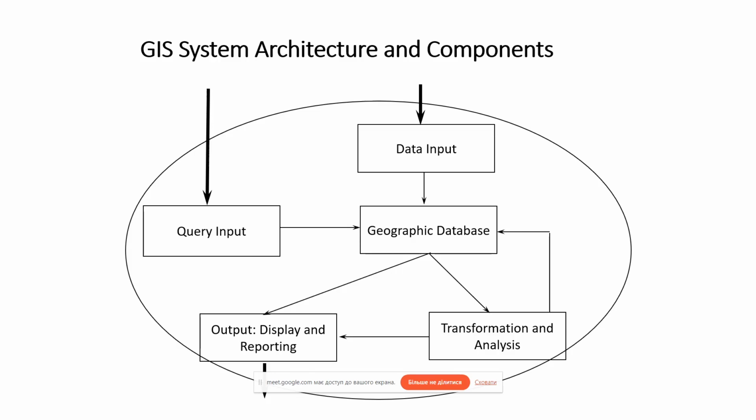This data is stored in a geographic database, and when the computer works with this query, we can get a result, display and report, transform data, analyze data, and get all the necessary information for decision making.